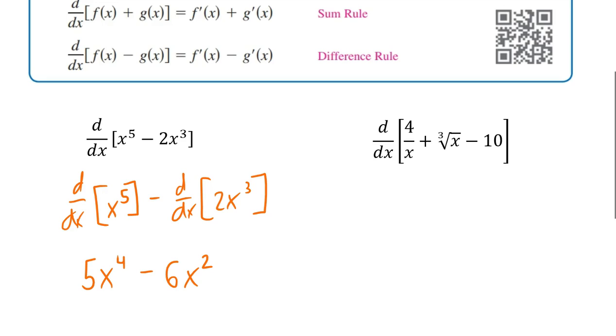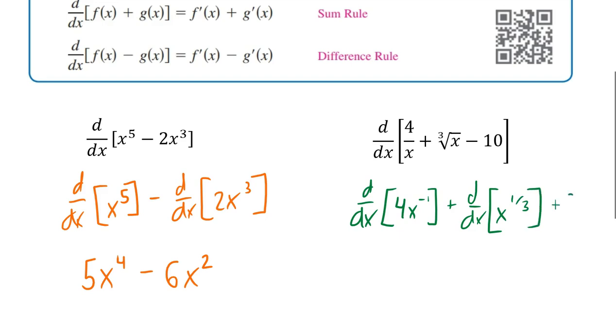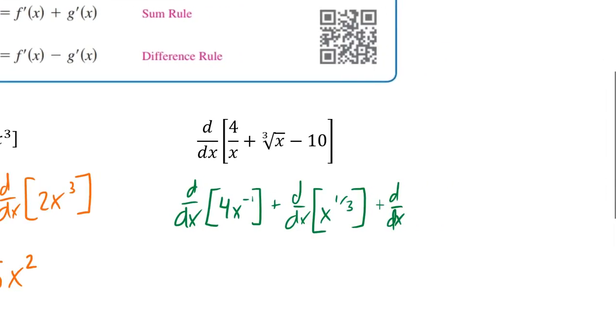I could do it over subtraction. I could also do it over addition. I'm thinking derivative of 4x to the negative 1 plus derivative of x to the 1/3 power plus derivative of negative 10.